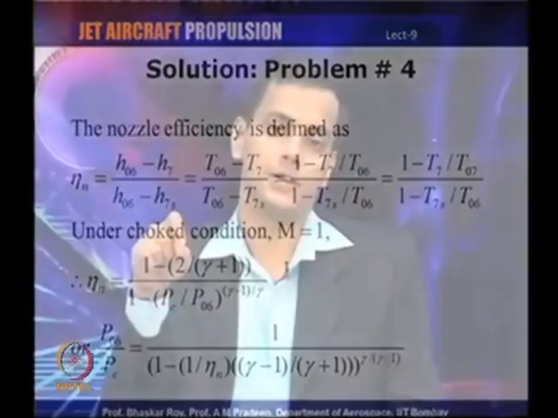Critical pressure is the pressure which the nozzle attains when the Mach number at the exit is equal to 1, if the nozzle is operating under choked condition. And if it is indeed operating under choked condition, the parameters are easily calculated because Mach number is equal to 1. So, if we know the ratio of specific heats and the nozzle efficiency, we can calculate the pressure ratio.